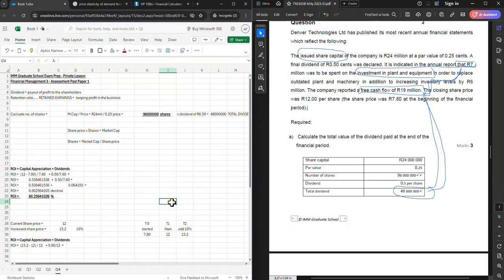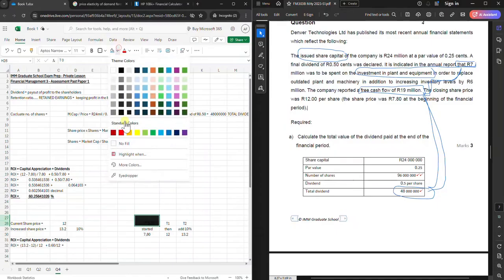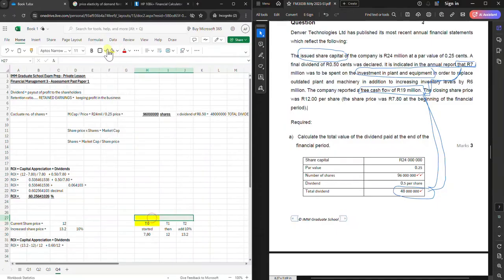100%. And instead of looking at the 7.8 when we get to T2, we look at T1, which is the 13.2 minus the 12. For the new dividend you can look at T1 or T2; it depends on what you're looking at in terms of growth. If you calculate growth for 2 years, then you would use the 7.8. Or you could calculate growth for 1 year, then you would use the 12.